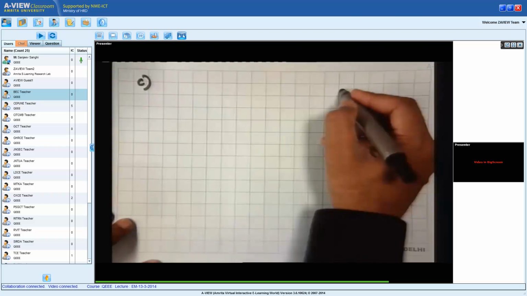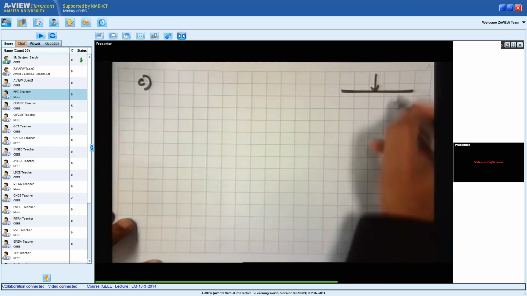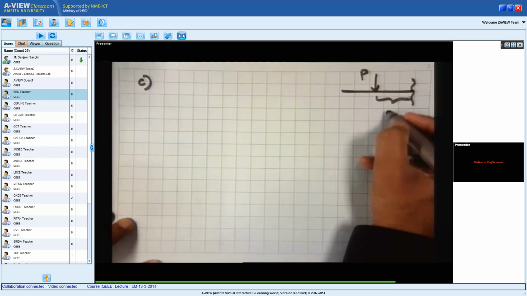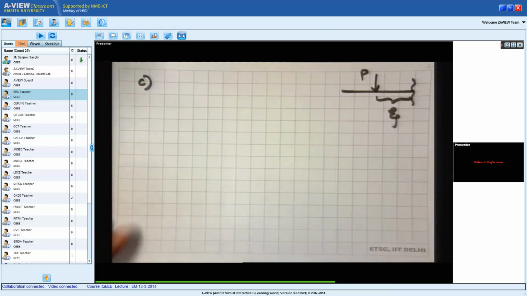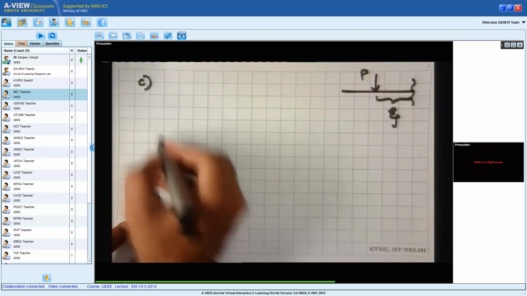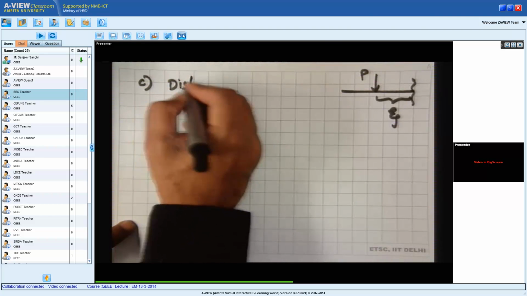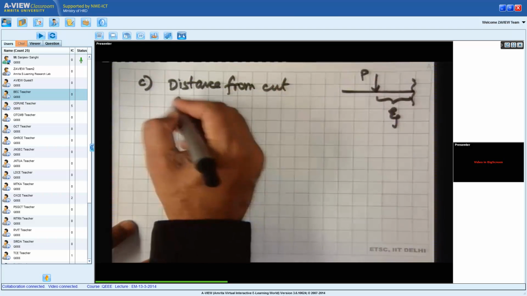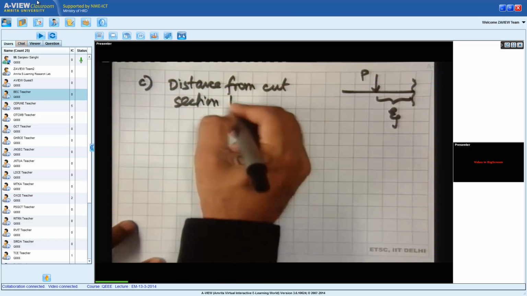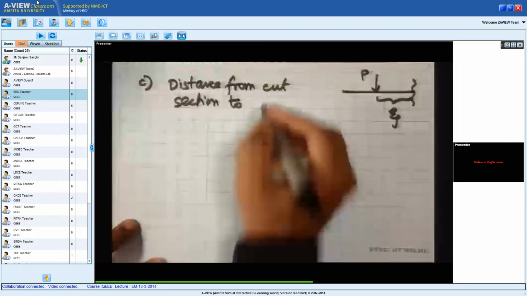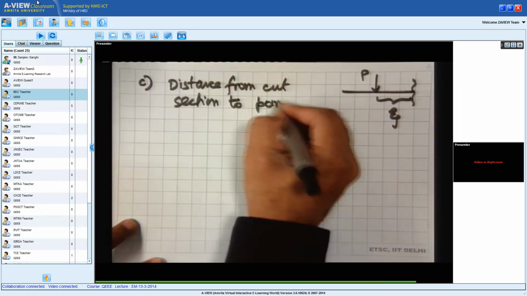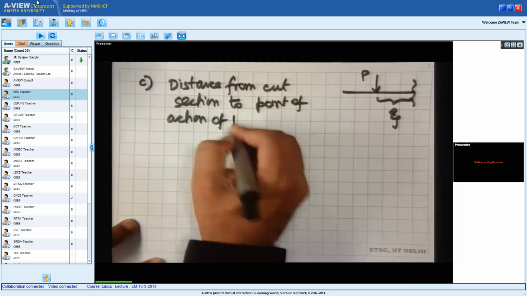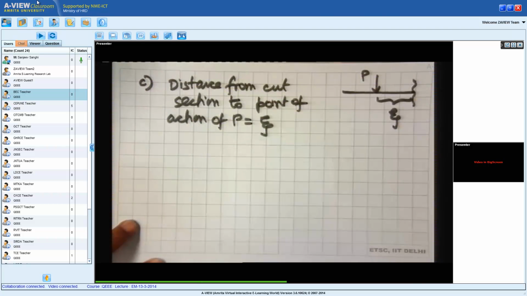So we had a force P, this was the cut section, and let the distance from the cut section to the point of action of P be equal to zeta.